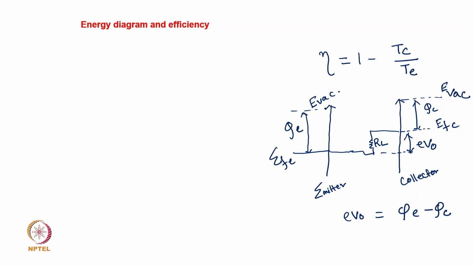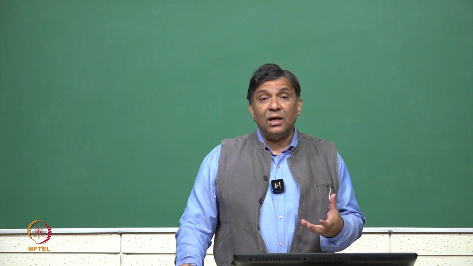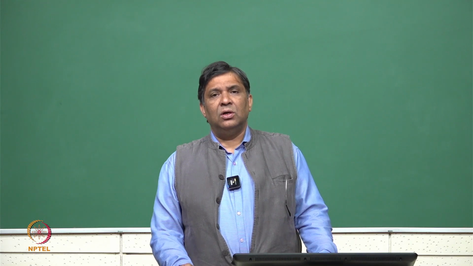Generally the voltage generated is proportional to the difference between the emitter work function and the collector work function.